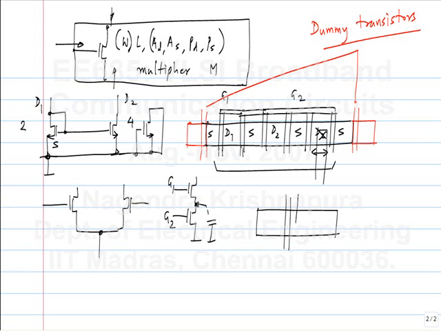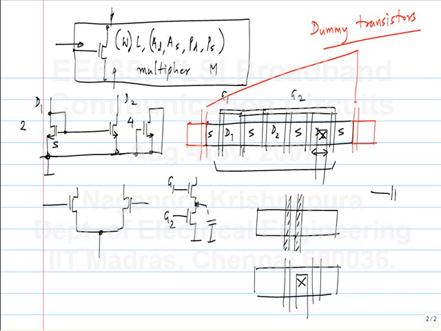I can have G1 and G2 very close to each other. Of course, there is always a certain spacing that you have to maintain so that the fabrication goes on reliably, but the separation doesn't have to be so far that you can put another piece of metal between them. Okay. So this way it is more compact than if you put a contact between the two. Okay. So that's what this is in a cascode.